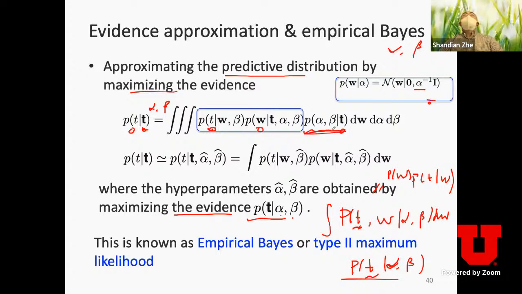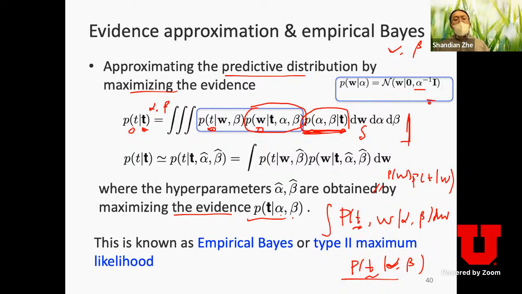So a practical compromise is, I'm not going to give up the posterior distribution of W. Instead, for simplicity, we assume the posterior distribution of alpha and beta is a point distribution, or you can view it as a delta distribution, with point mass on a single point.